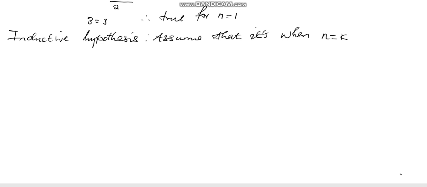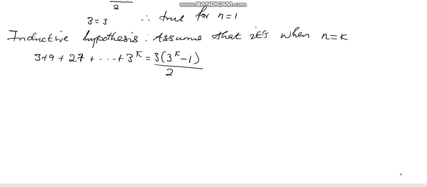So we have 3 plus 9 plus 27 plus, 3 now to the power k. So we substituted where there's n there, we put k equal to 3, open brackets, 3 to the power k minus 1 divided by 2, like this here. So on the inductive hypothesis, this is the only thing that we get to do here.